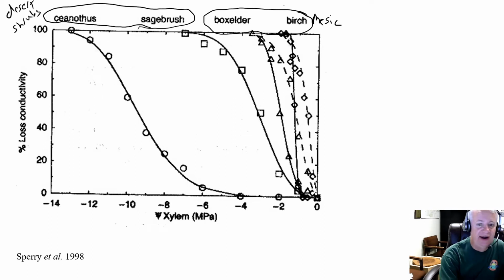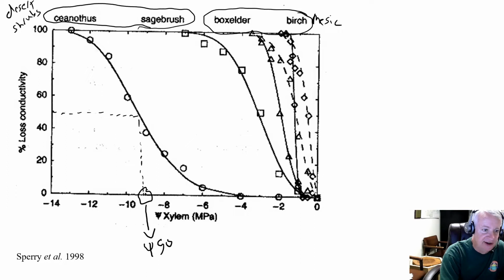And of course you see variation in what their curves look like and in their vulnerability to cavitation. So remember, one parameter we can use to describe vulnerability to cavitation is psi 50. Recall psi 50 is just the water potential at which a particular species or curve has achieved 50% loss of conductivity.